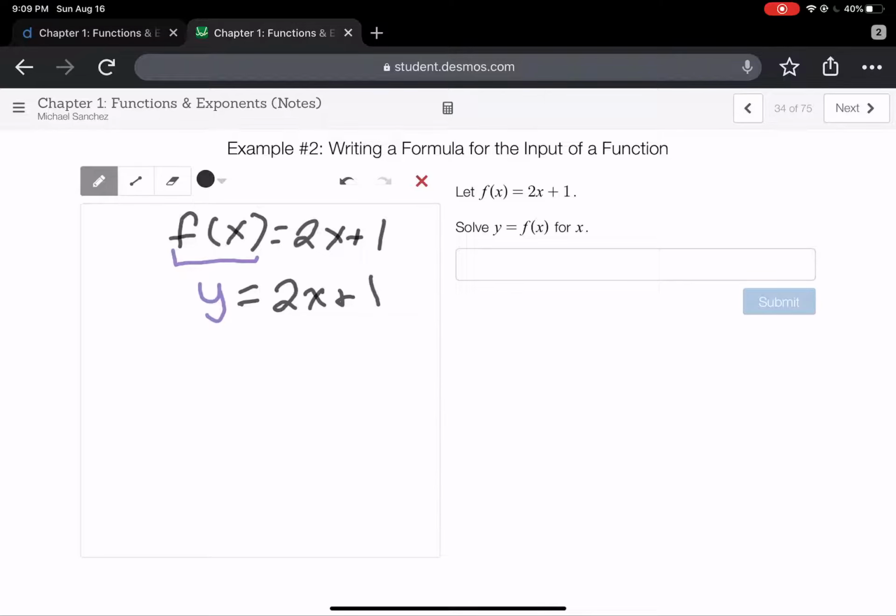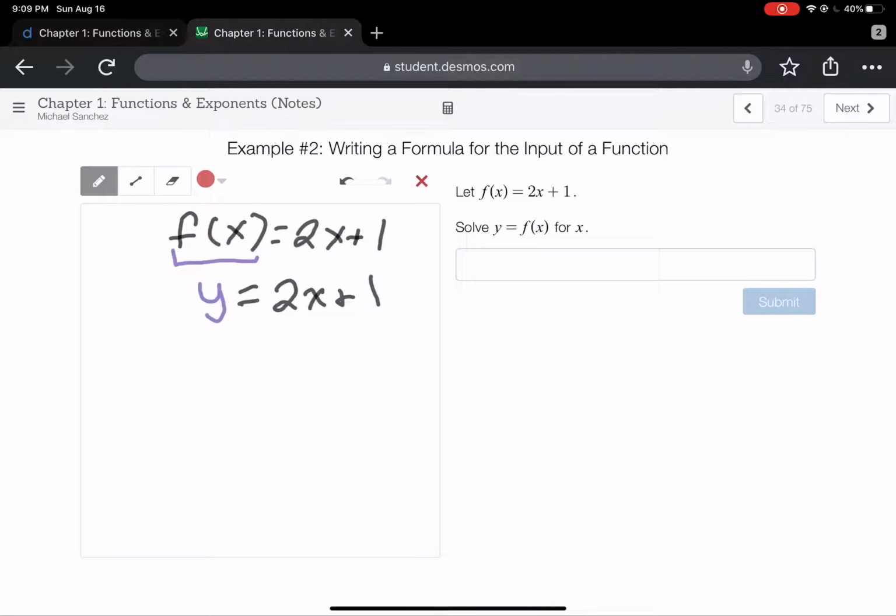And then I'm going to solve for x, so I'm going to leave the x by itself. I'm writing a formula for the input. The input is x. I'm going to start removing things from the right side of the equation so I can leave the x by itself.